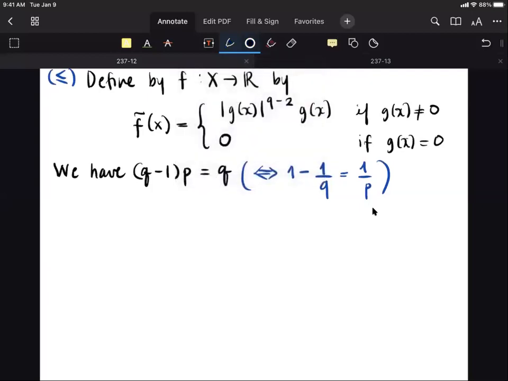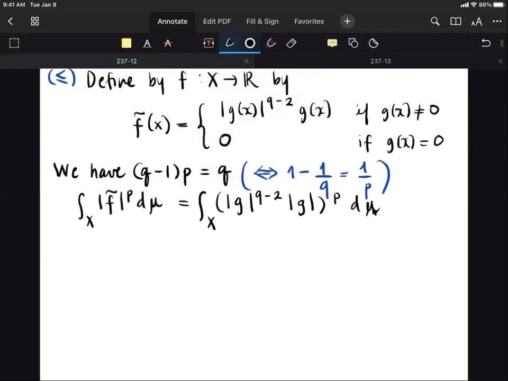So computing the integral of f tilde raised to p, according to the definition of f tilde, this is the same as the absolute value of g raised to q minus 2 times the absolute value of g, all raised to the power p. Here we ignore the set where g is equal to 0 because it will not contribute to the integral.